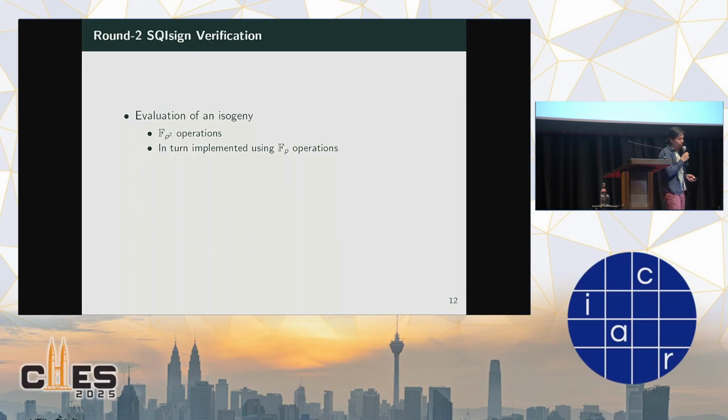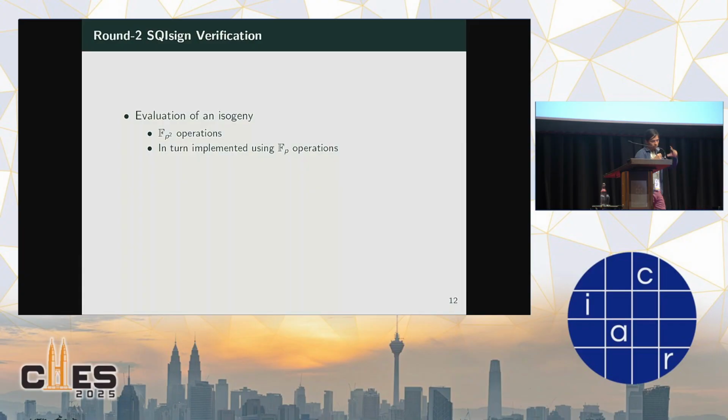Now, the second application was the round 2 SQIsign verification. Without entering into details of SQIsign, what we need to do is the evaluation of an isogeny. In order to evaluate isogenies, we need to apply only operations on the quadratic extension of the finite field.